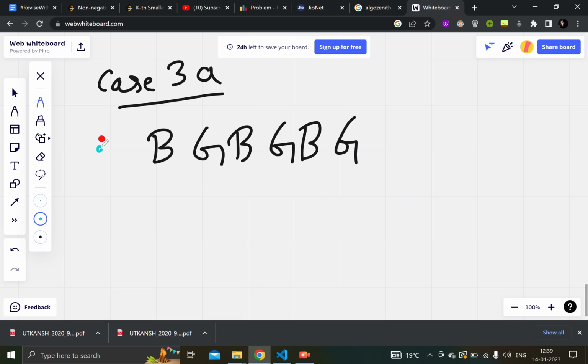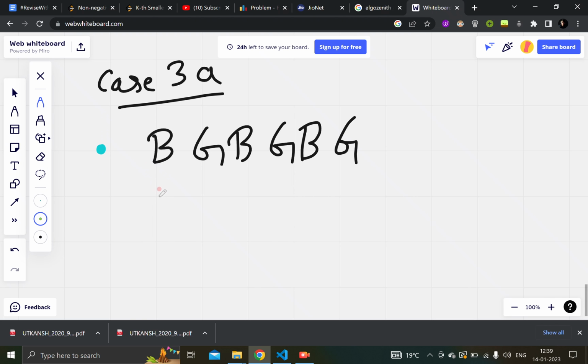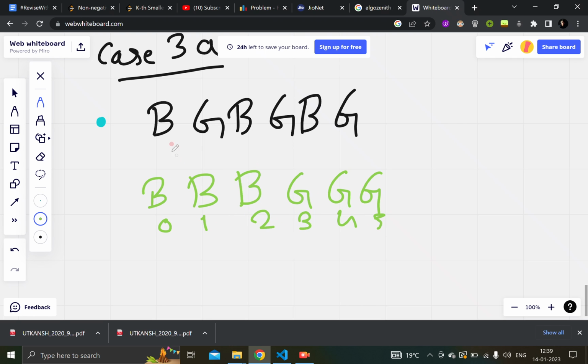Let me highlight with this blue. Our old arrangement was something like boy, boy, boy, and girl, girl. Okay. So in the old arrangement, what are the positions of boys? And in the new arrangement, it is something like this.